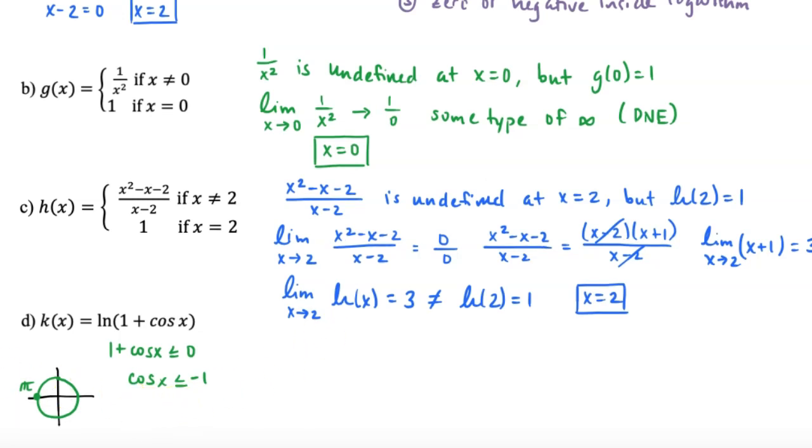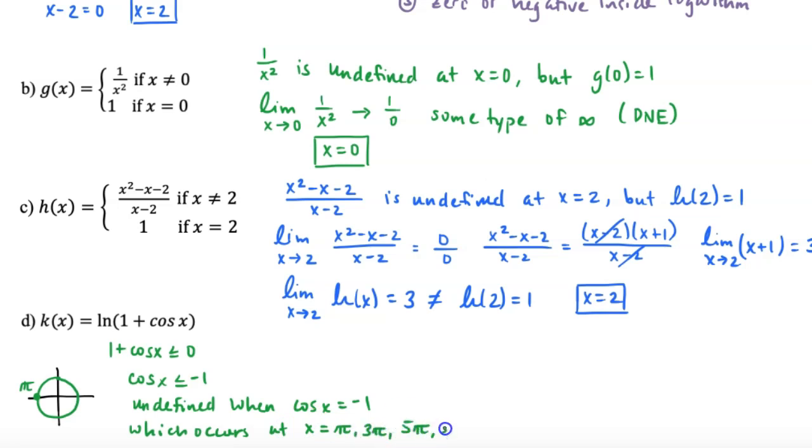So let's make note that this function is undefined when the cosine of x equals negative 1, which occurs at x equals pi, 3 pi, 5 pi, etc.